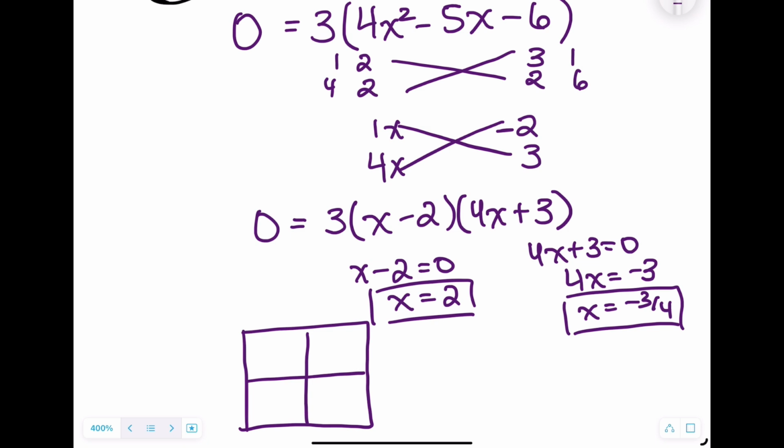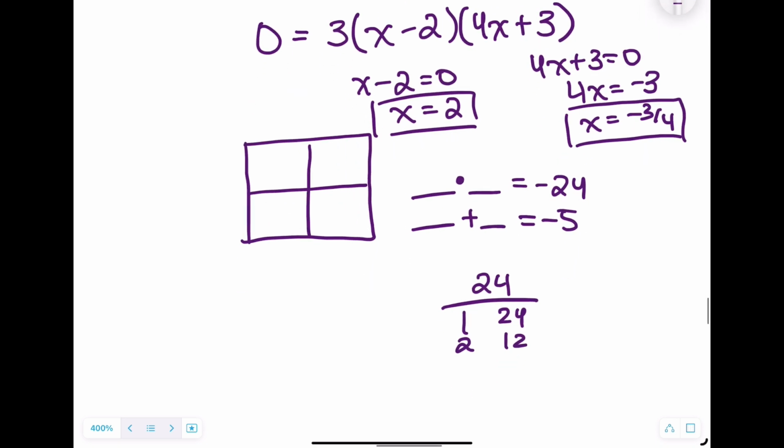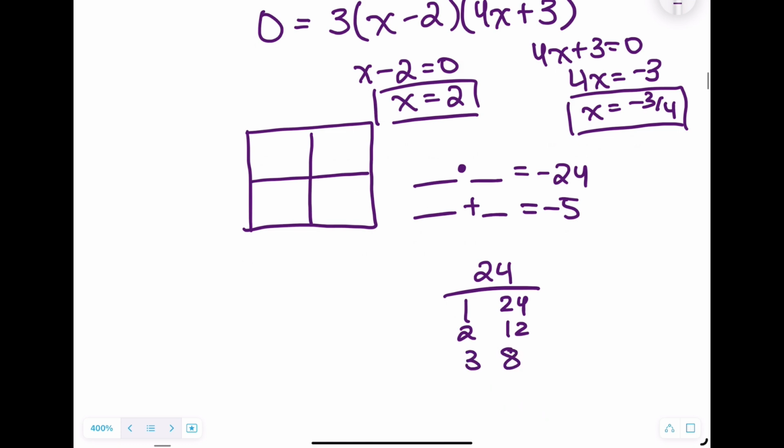So for 4 and negative 6, those multiply to equal negative 24, and our middle term is negative 5. The factors of 24 are 1 and 24, 2 and 12, 3 and 8, 4 and 6, and that's about it.